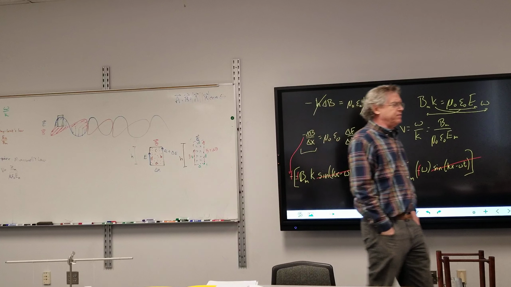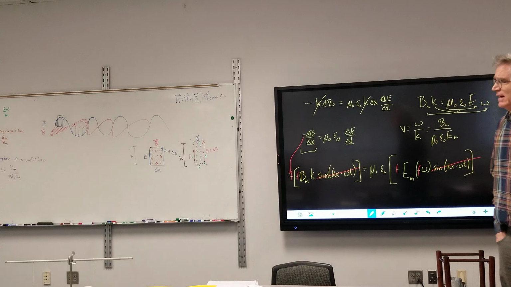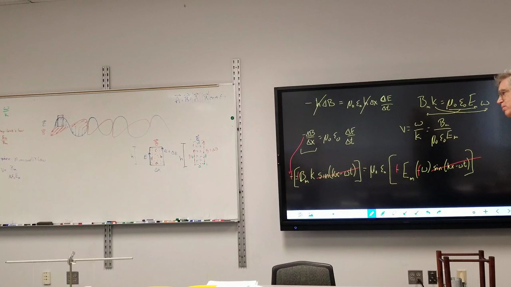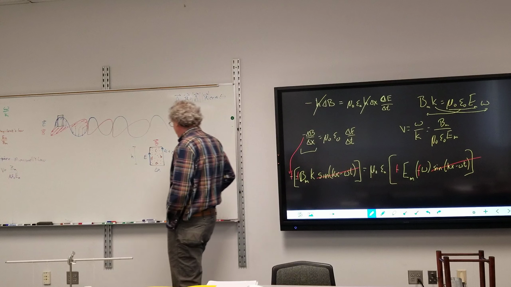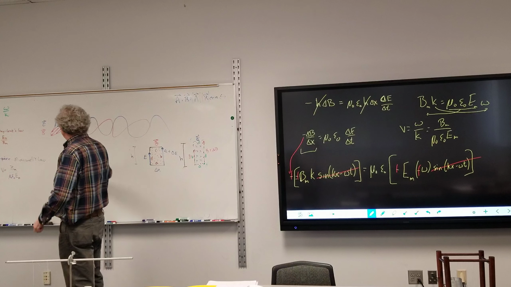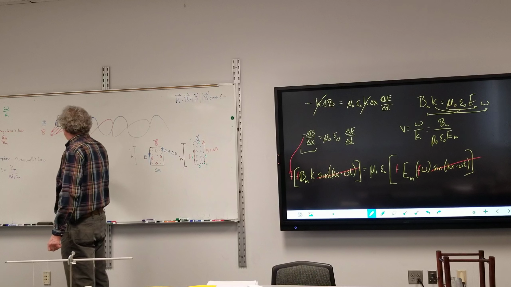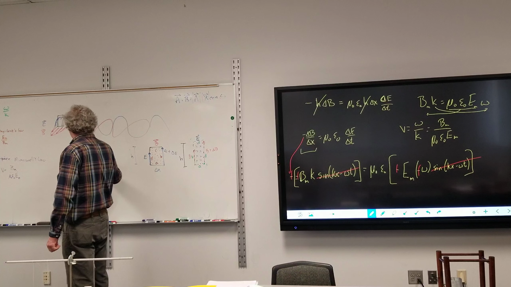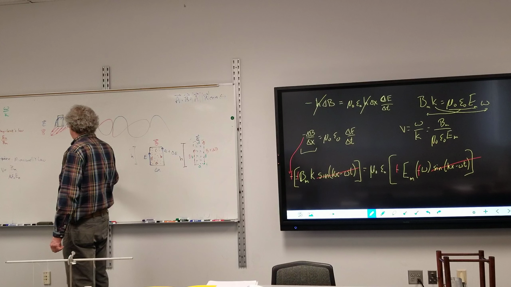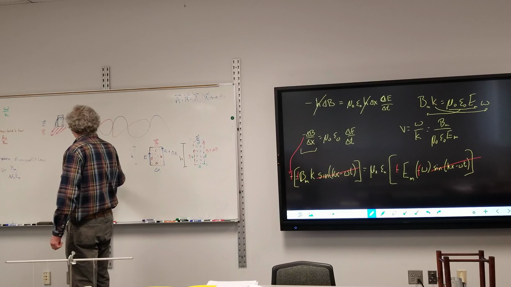So if this stuff is to be believed, I started with two different equations and I solved for the speed in both equations. Both of those must be equal to each other if we are correct. In other words, E_m over B_m equals B_m over mu sub naught, epsilon sub naught, E_m.